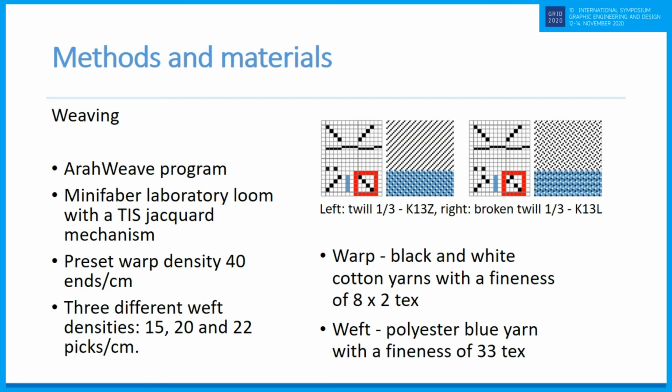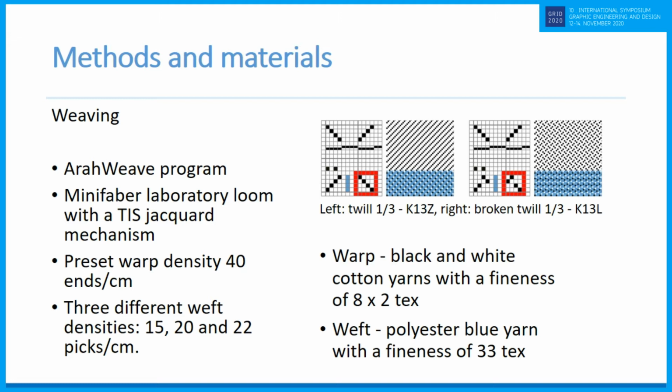5 samples of polyester cotton twill fabric were designed in the ArahWeave program and woven for the purpose of this research. 2 different weaves of 4-end twill are shown as technical diagrams with their labels on the right at the top.